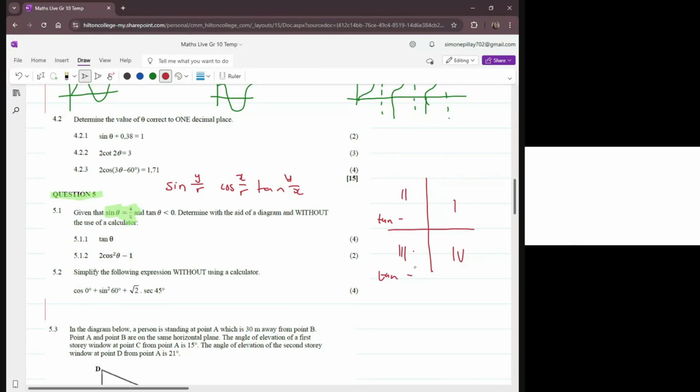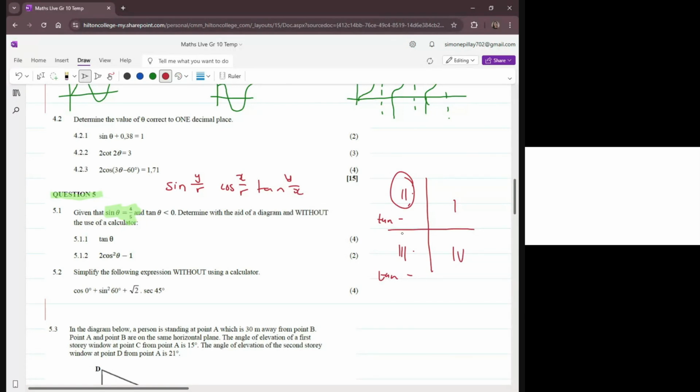So I could draw my diagram in any one of these quadrants, but they've given me a positive sine ratio, meaning that my y must be positive. My y is a positive 4. So I actually need to draw this in a place where my y value is going to be positive. And that is in quadrant number 2 over here.